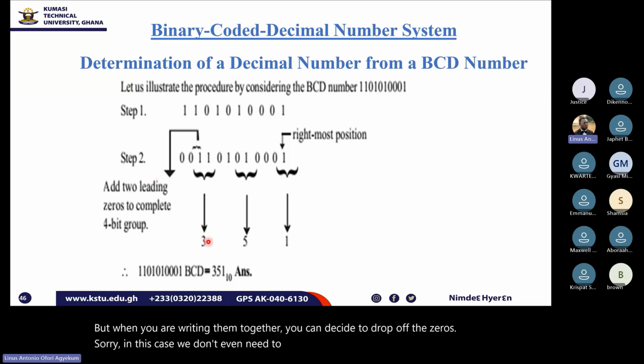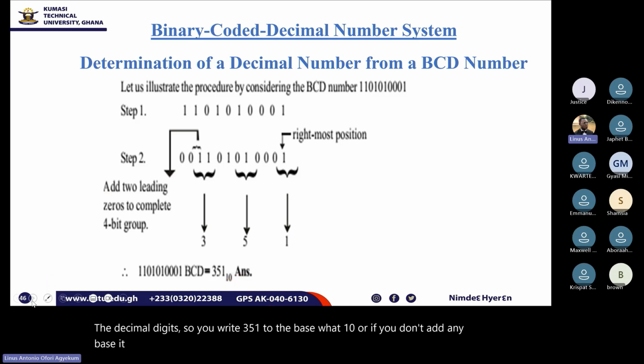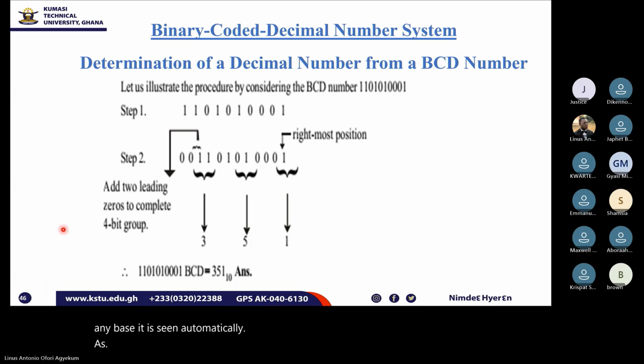We are only using the decimal digits. So you write 351 to the base what? 10. Or if you don't add any base, it is seen automatically as a decimal number.